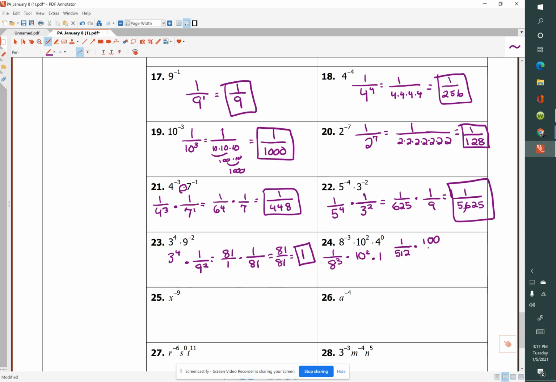And then anything times 1 will stay the same. So when I multiply across, I have 100 over 512, which simplifies. We can divide both those numbers by 4, so it will simplify to 25 over 128.